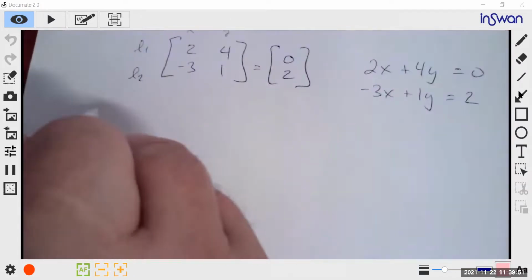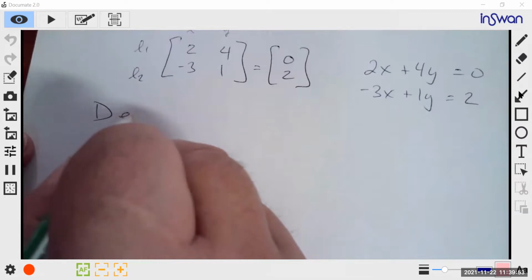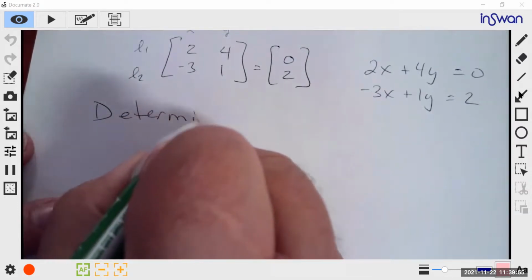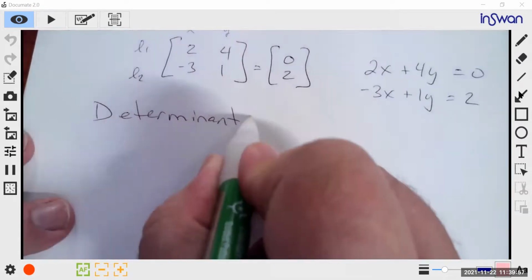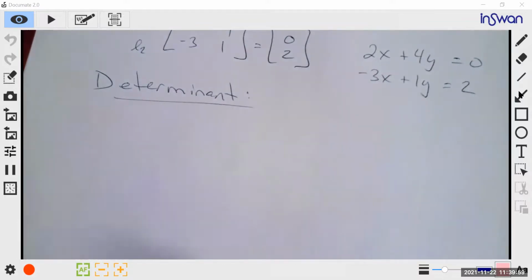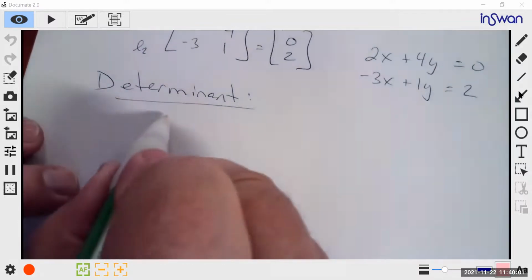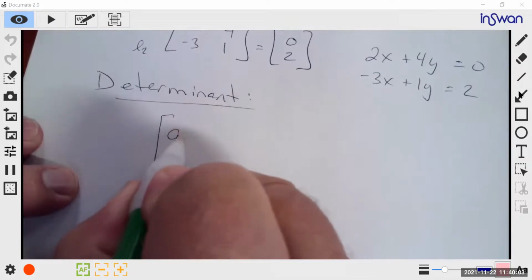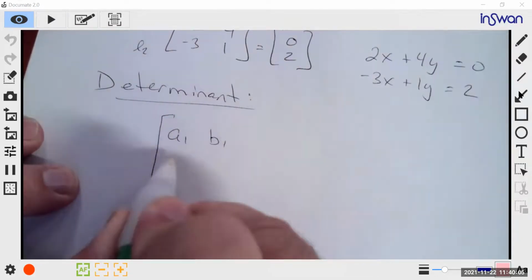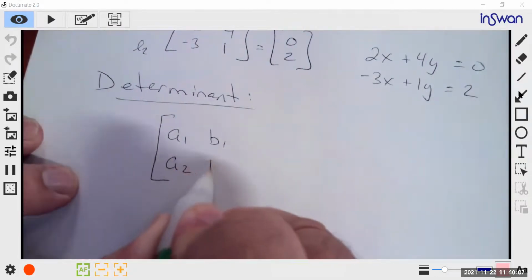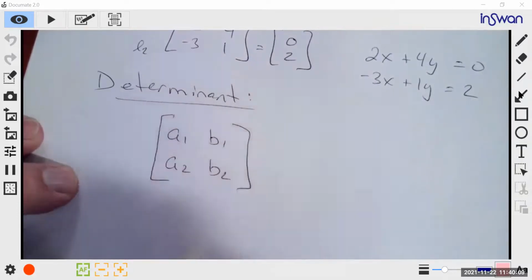Now, the determinant. We're only going to be dealing with 2 by 2 matrices. So we have A1, B1, A2, B2. We only have those.